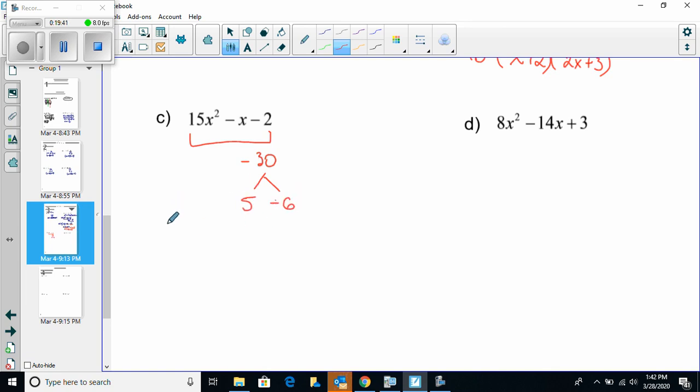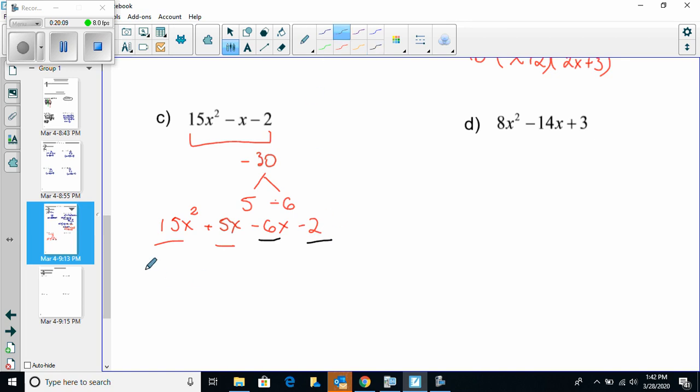So now this tells us that we have to decompose plus 5x minus 6x minus 2, the b term, because this is again negative x. So then we will group them 2 by 2, this one and this one, and this one and this one.